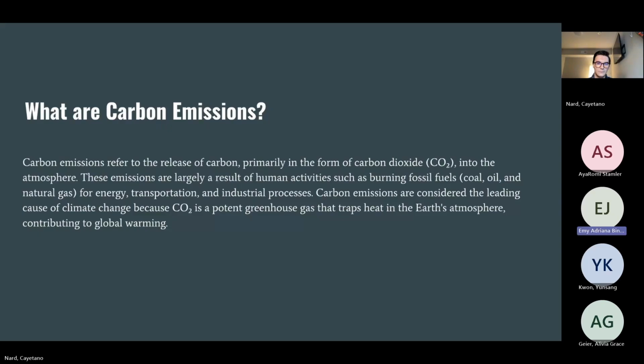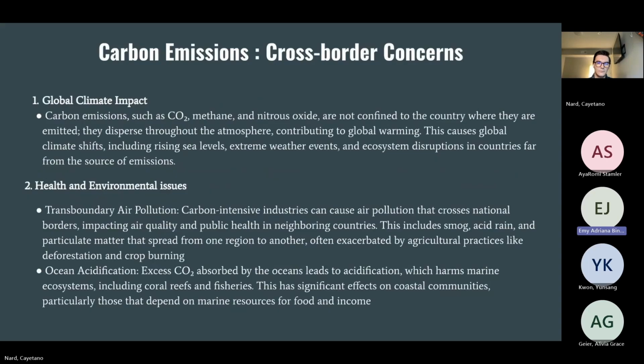Okay, the next thing we're going to talk about is cross-border concerns. Carbon dioxide doesn't stop right where it comes from. It goes everywhere. It travels across borders. It needs no visa. Greenhouse gases such as carbon dioxide, methane, and nitrous oxide are not confined to where they are emitted.